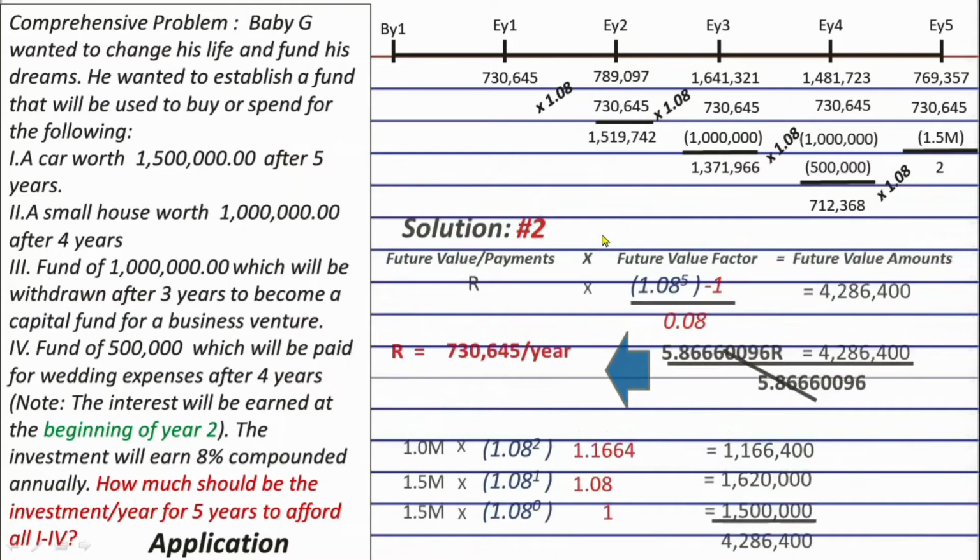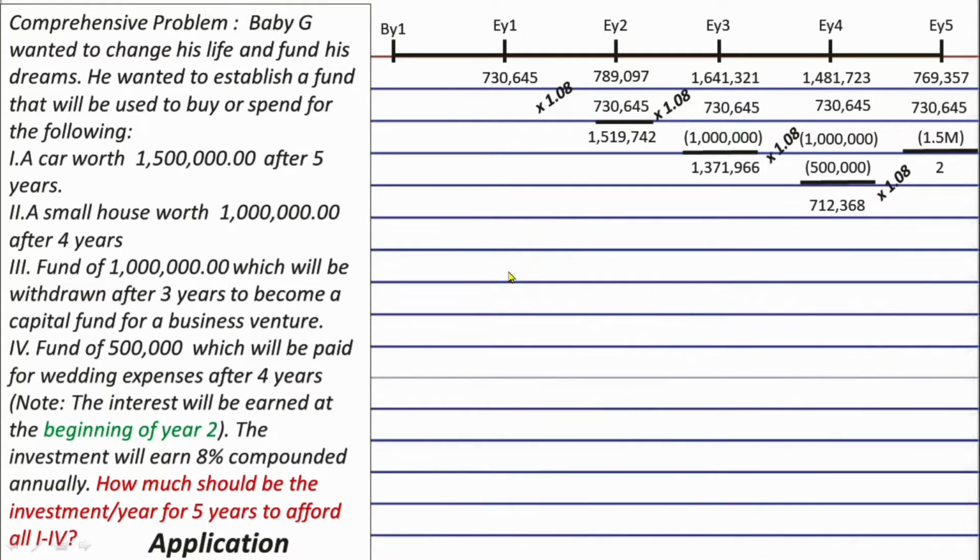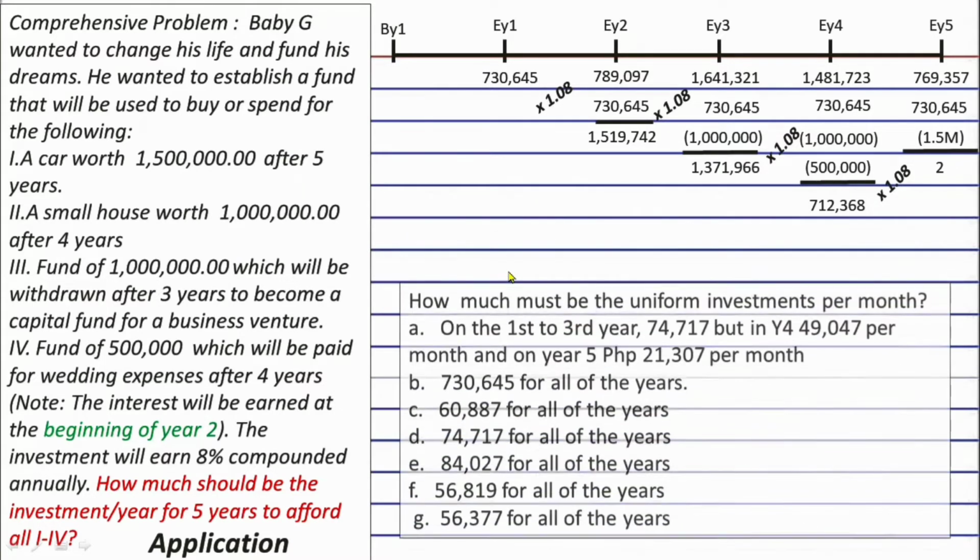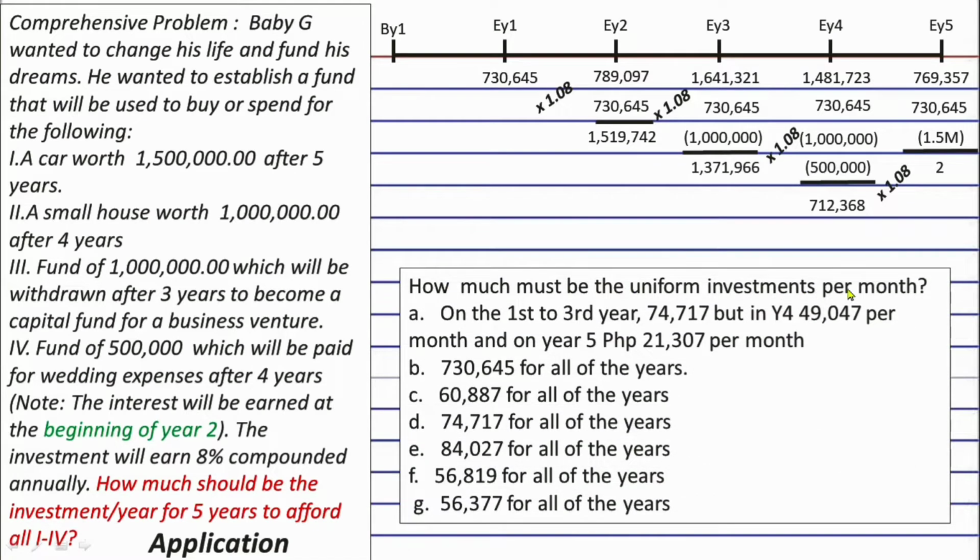So, let's start with the first question, which is how much must be the uniform investments per month? Well, this is easy because this is supposed to be 730,645, which is the amount that we have computed, right? But the twist is this.